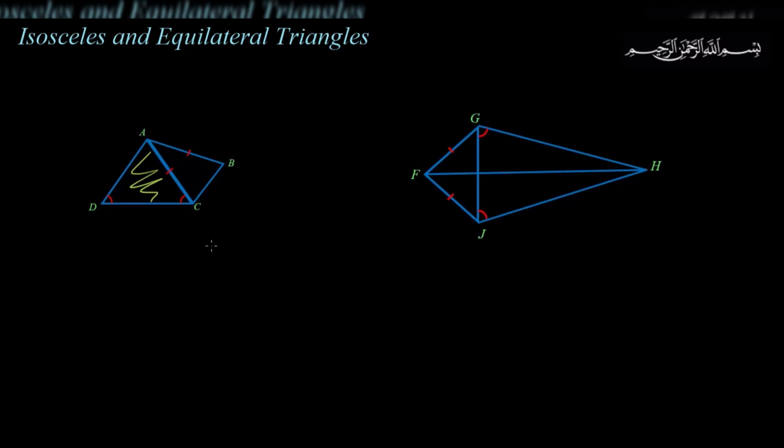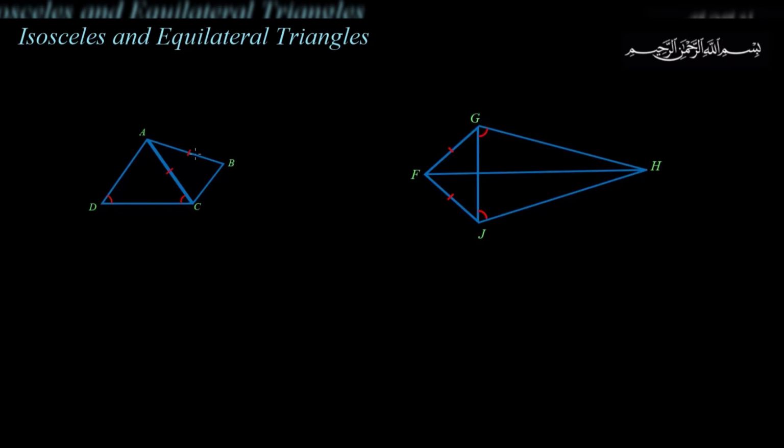Our instructions here are to name two unmarked congruent angles and name two unmarked congruent segments. So we're supposed to find two angles that are congruent that are not marked and two sides that are congruent that are not marked. So let's find some congruent angles.